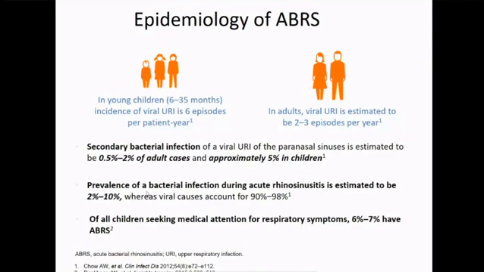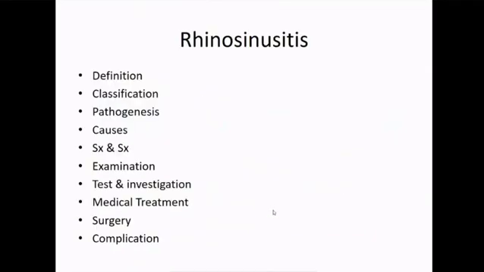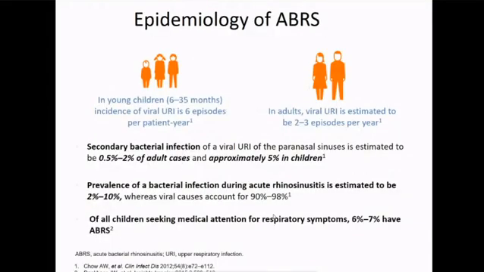So the prevalence of bacterial infection that causes acute rhinosinusitis is estimated to be 2% only. So you can see, the viral causes account for 90 to 98%. So you can imagine the bulk of the disease in rhinosinusitis is caused by viral.